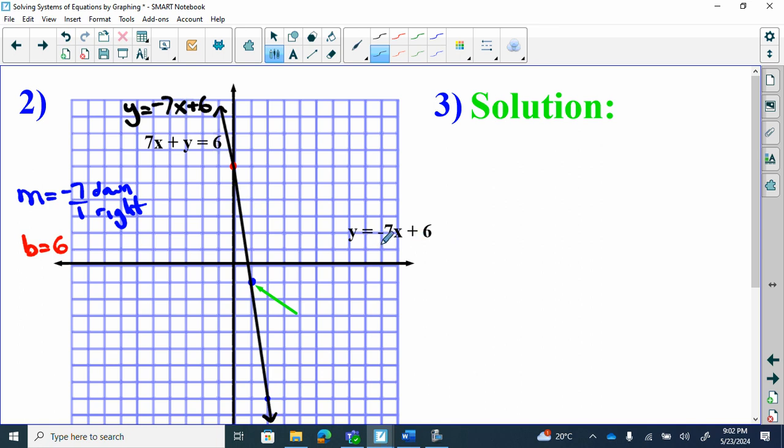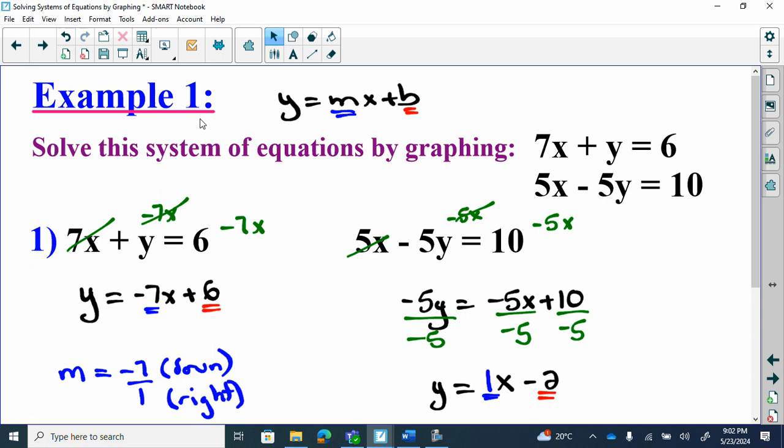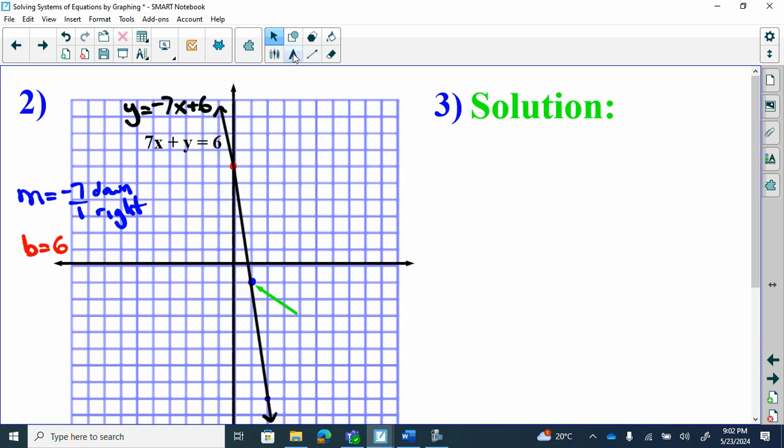Okay, this line right here. Which was 5x minus 5y equals 10, or y equals x minus 2. Let's draw that one. Remember this one had a slope of 1.